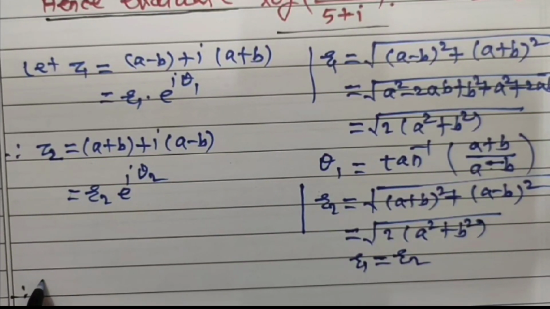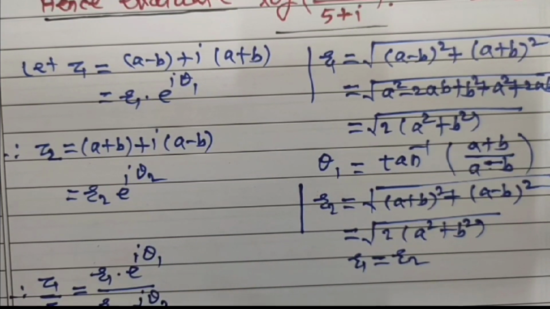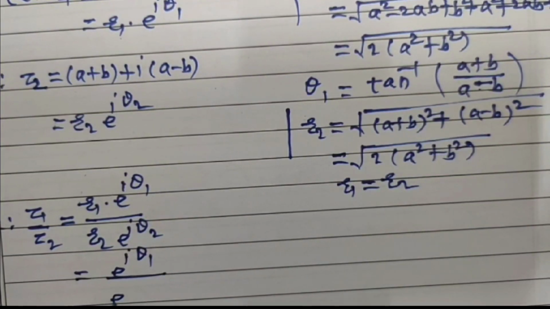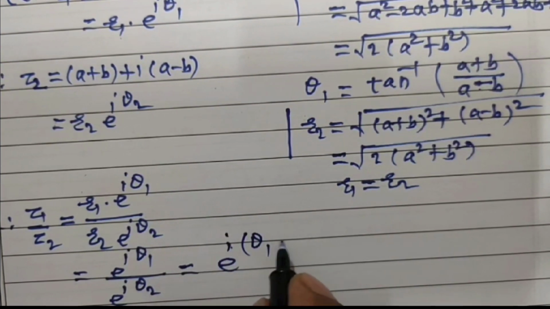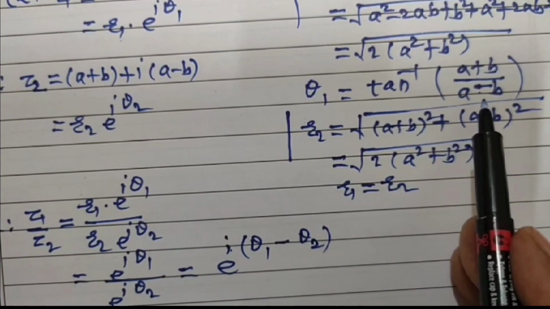Hence we can write Z1 upon Z2 is equal to R1 e to the power i theta 1 divided by R2 e to the power i theta 2. But R1 is equal to R2, so this can be written as e to the power i theta 1 divided by e to the power i theta 2, which is equal to e to the power i into theta 1 minus theta 2.